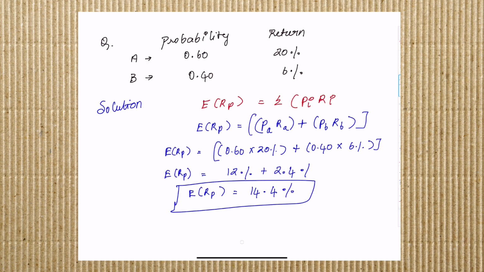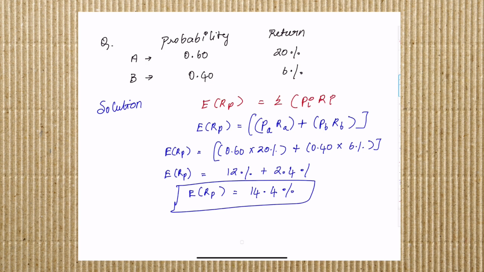Now, I have another portfolio. In that, I have stocks A and B, and I know the probability of each stock. Let us consider that you, whoever is watching this video, are the investor now. You have two stocks in your bucket, and it is your portfolio. Stock A is giving a return of 20%. This is what you know.